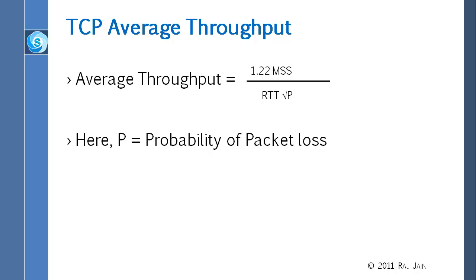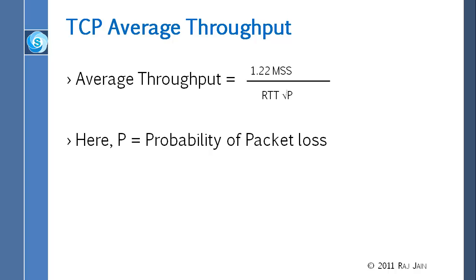Now it would be nice if we had a simple explanation of this, that we don't have right now. So we'll just use this formula and know that a formula exists for the average throughput, and the book talks about this formula, so I put it here. But that's the end of that one.